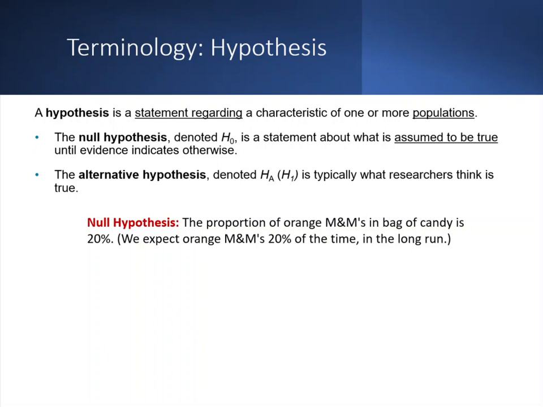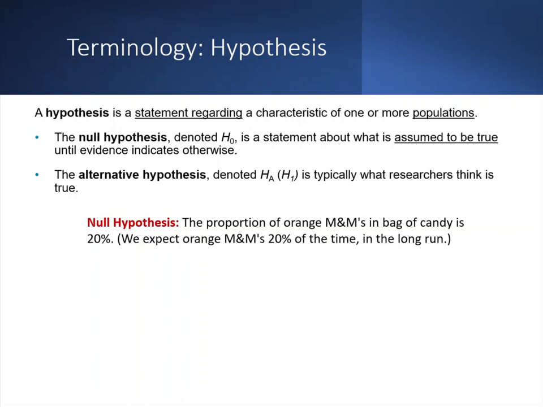The proportion of orange M&Ms in a bag of candy is 20%. So you can see here that we are assuming that is the true case, that we would expect 20% of the M&Ms in a bag of candy to be orange in the long run, right? That's that long run proportion, or that long run probability.